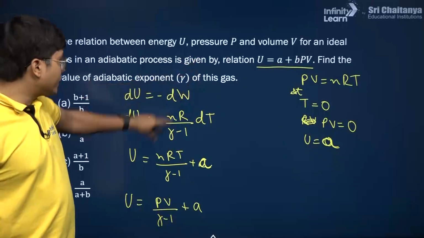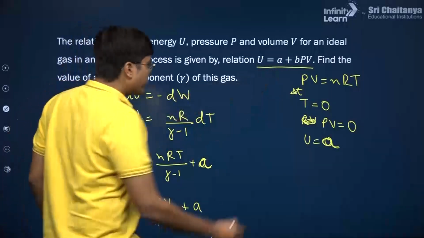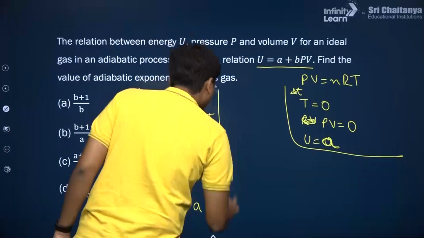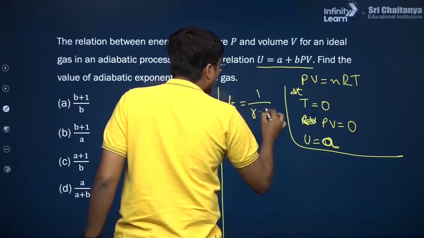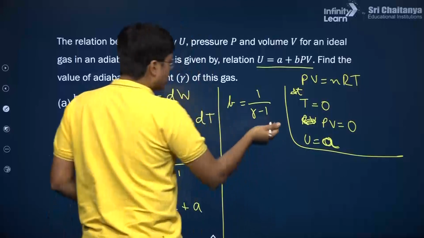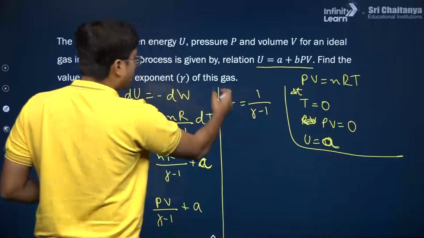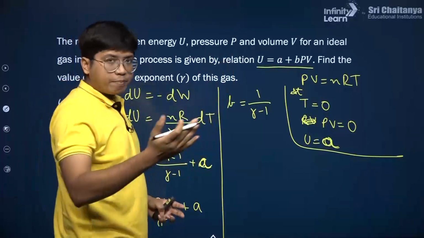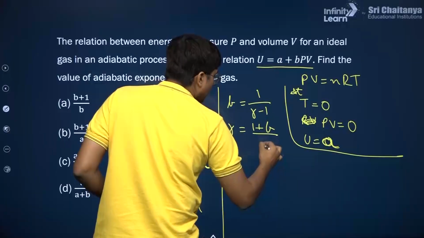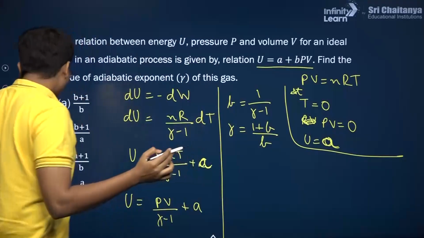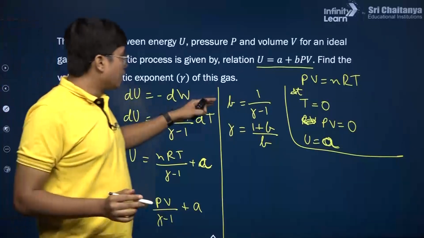You will see you have this A plus a constant into PV, which will give you that B is equal to 1 by gamma minus 1. If you shift terms around, you'll get gamma minus 1 equal to 1 by B, so gamma equal to 1 by B plus 1. So gamma will be equal to (1 plus B) by B. We have an option here, (B plus 1) by B. So that is how you get to it.